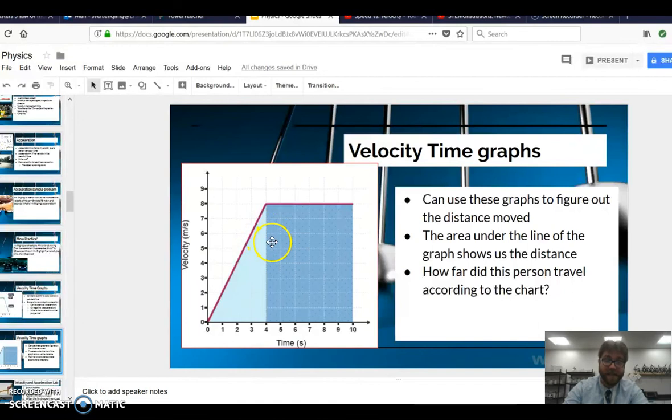So in this case, we would have to take the area of this rectangle and the area of this triangle. If we found the area of those two things and add them together, we would find the distance that something moved. And that's why these velocity time graphs are pretty useful, because they'll tell us how far something went.